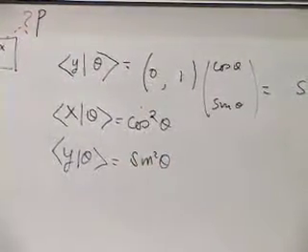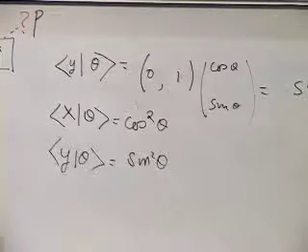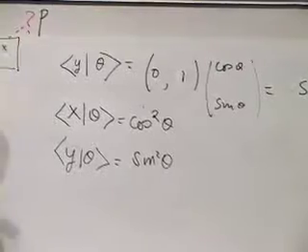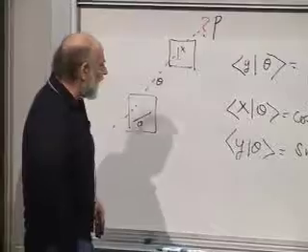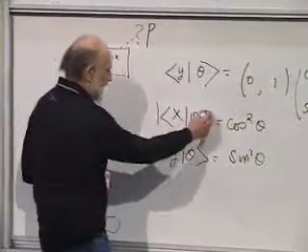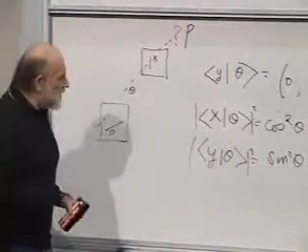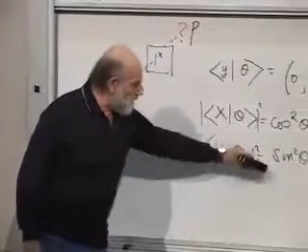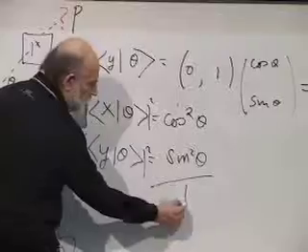What's the total probability? If we add up the probabilities that it's X polarized or Y polarized, it's either X polarized or Y polarized with probability cosine squared theta and sine squared theta. The total probability adds up to 1.